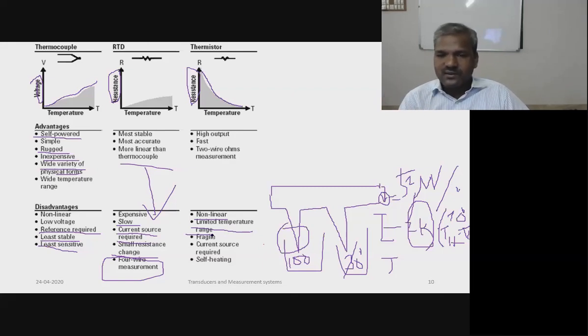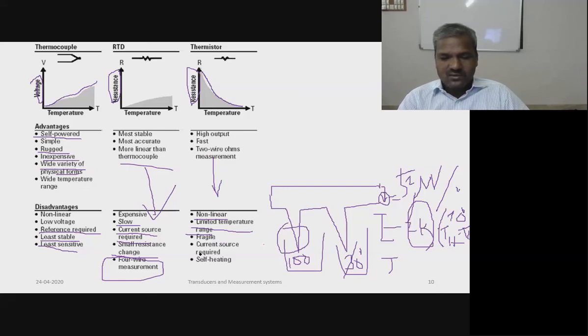Cost wise, if we see, a thermistor costs 10 rupees, an RTD costs 500 rupees, and a thermocouple costs around 100 to 200 rupees. This is the cost-wise comparison. So when we want lower cost, you can choose a thermistor, but it requires a linearization circuit, which will add to the cost. It is also fragile, meaning easily damaged.